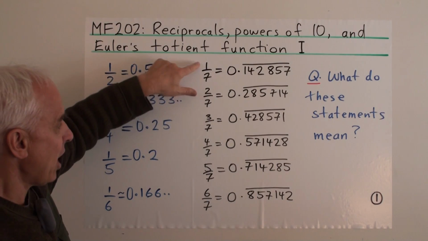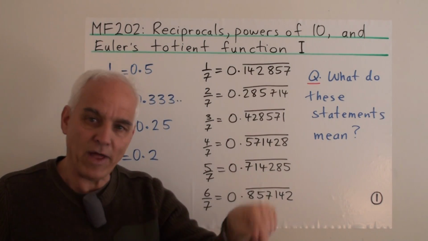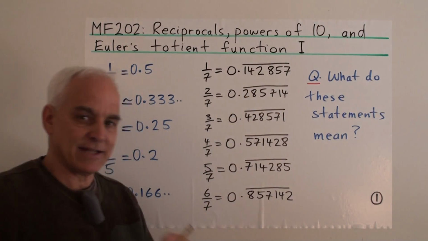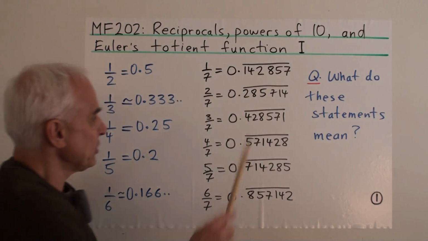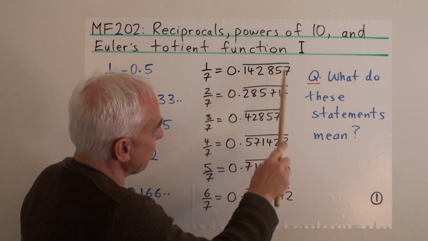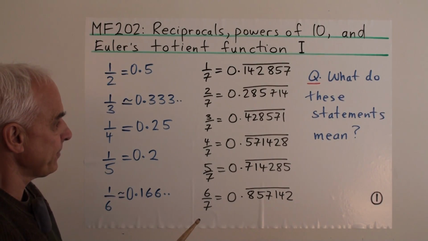2/7 is similar to this one. It's also a cycle that repeats after 6, and in fact it's exactly the same numbers but in a slightly different order: 2, 8, 5, 7, 1, 4. So the same numbers, but we're cycling through them starting from a different position.